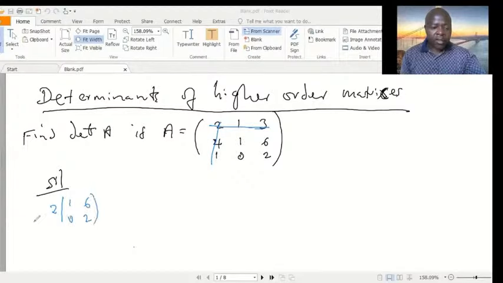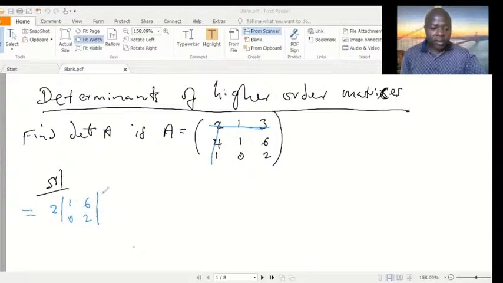So I'm already finding the determinant. So I've taken this 2, I've multiplied by the determinant. I want this one to be a vertical line. Vertical line means a determinant. That if I write 1, 6, 0, 2 inside the vertical lines, it means find the determinant of this matrix.